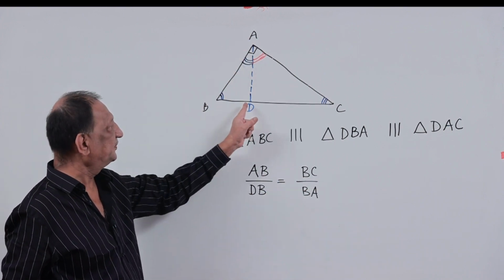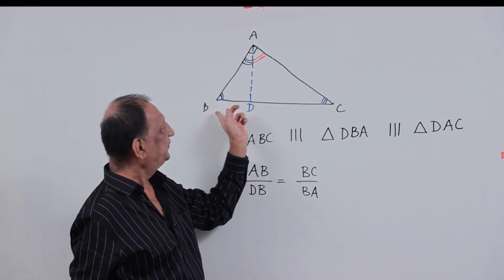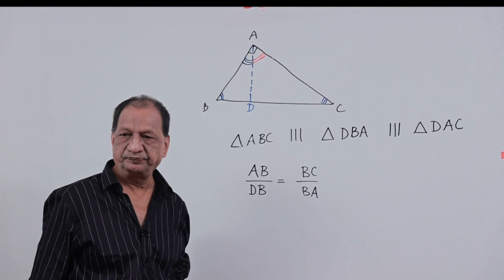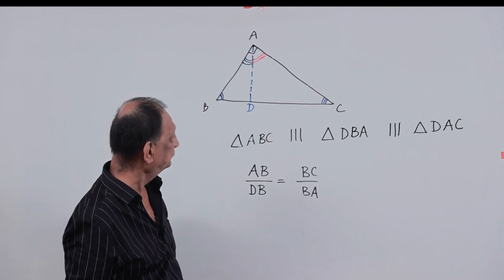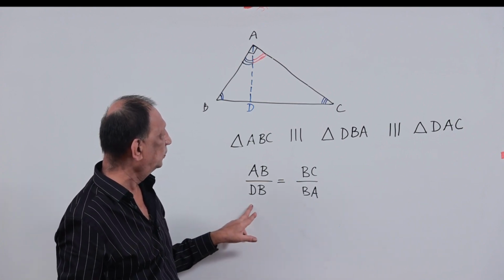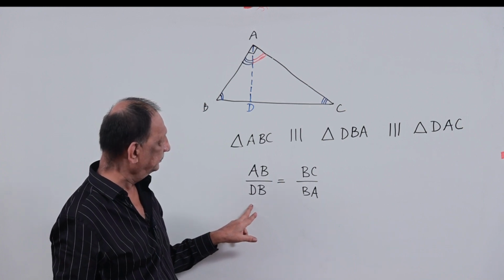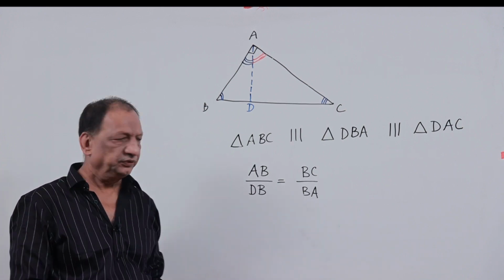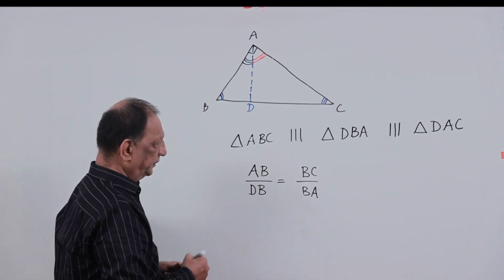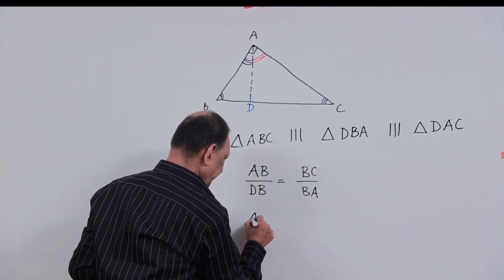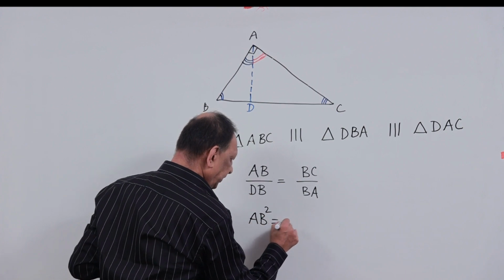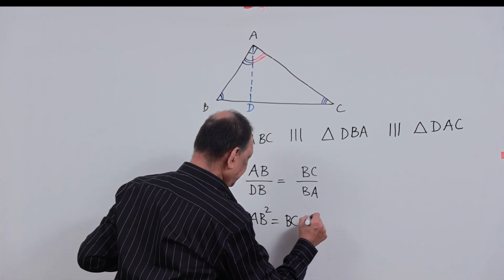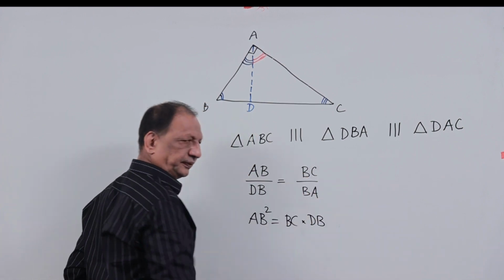AB by DB is same as BC by BA. This is correct. Perfect. We do a cross multiplication, which means AB squared equals BC multiplied by DB. Correct?